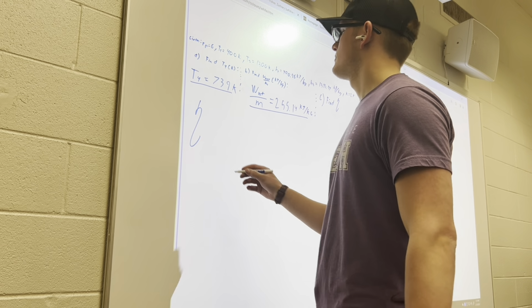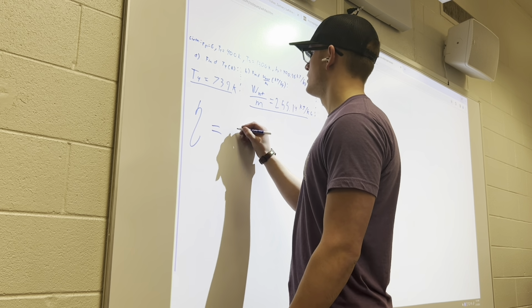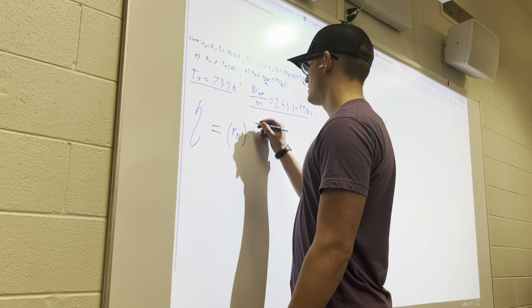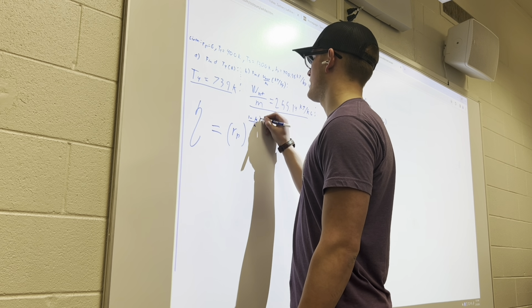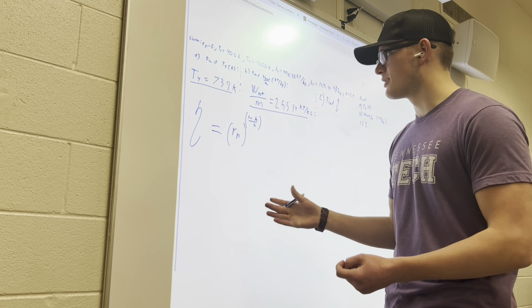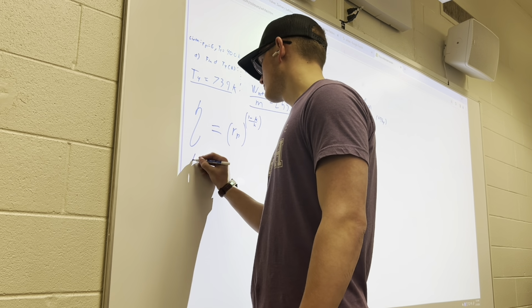So thermal efficiency is equal to our pressure ratio raised to the (1 minus K) over K. And that's it. That's really the whole formula to find our thermal efficiency.